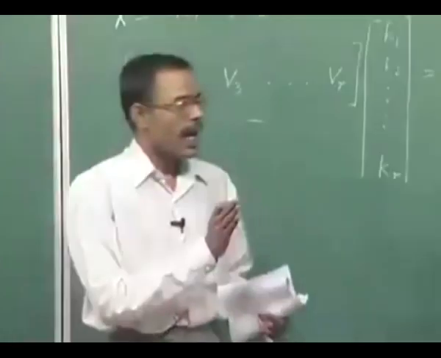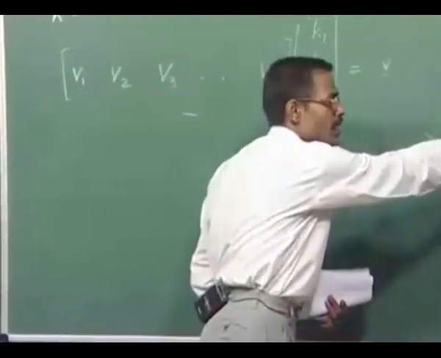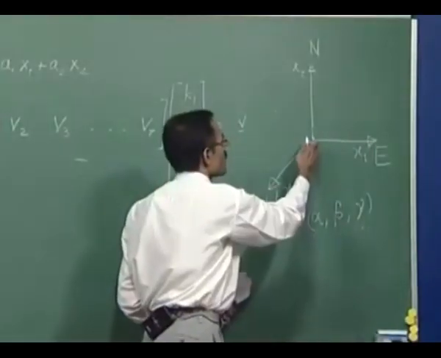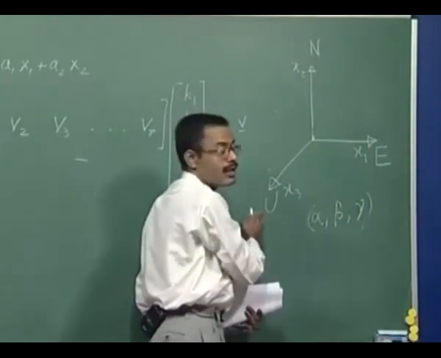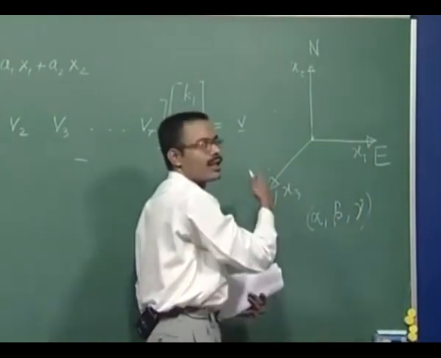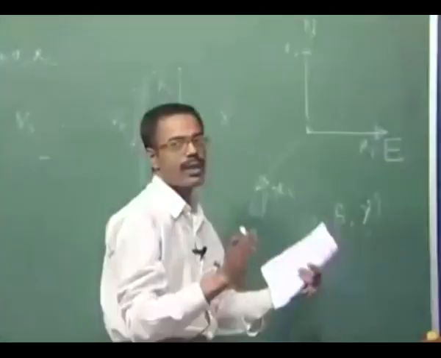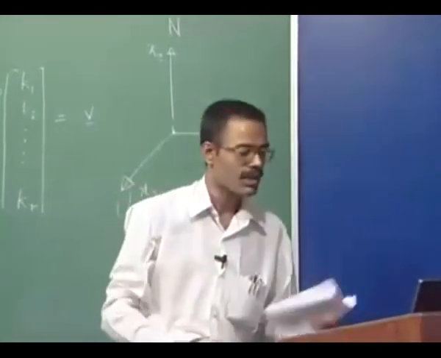We have to go alpha distance in the east direction, then beta distance in the north direction and gamma distance in the upward direction. Only when the ordering is also prescribed is the statement of the basis complete.